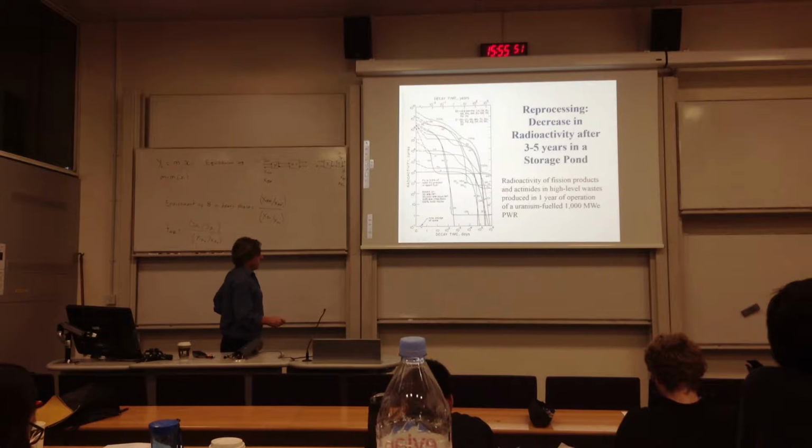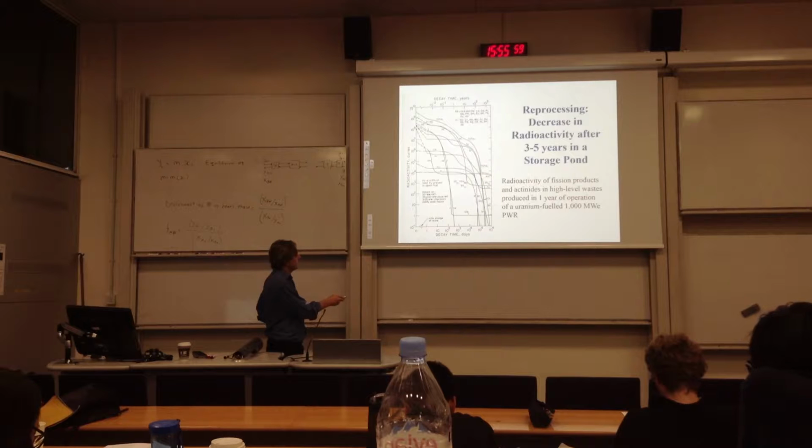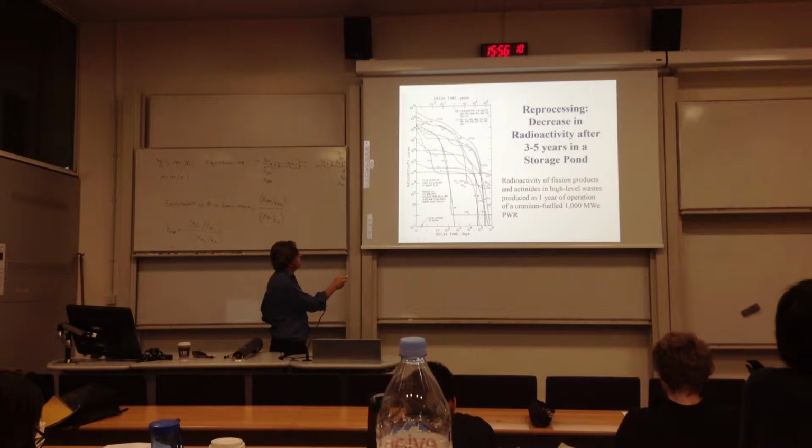You can see that by that time, there is a considerable decrease in the radioactivity. If you look at this logarithmic scale, at 1,000 days, about 3 years, you will have decreased the radioactivity by a factor of 100. So there is a large drop in radioactivity over that period.